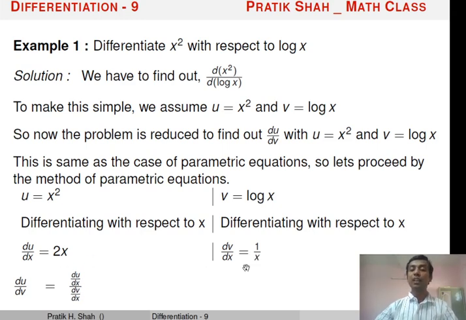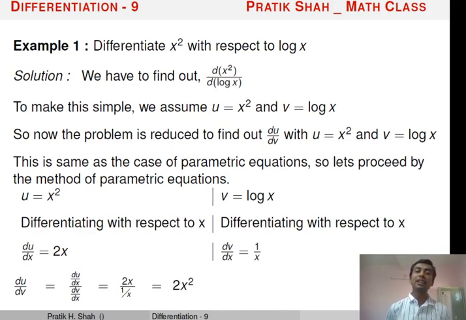Now both we have calculated, so we will substitute their values. This is equal to 2x and this is equal to 1 upon x. The denominator will go into the numerator. So this x will go into the numerator. So finally we get 2x square divided by 1, which is equal to 2x square.